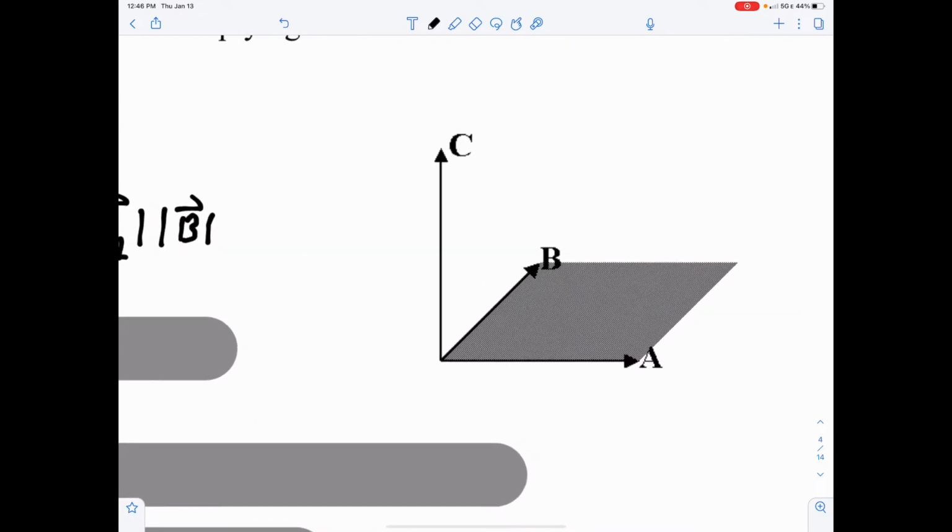When you look at the geometry of this, you can see that vector A goes this way, vector B goes that way. A goes to the right. If we looked at the parallel component and the perpendicular component of B, the perpendicular component is the one we're interested in.